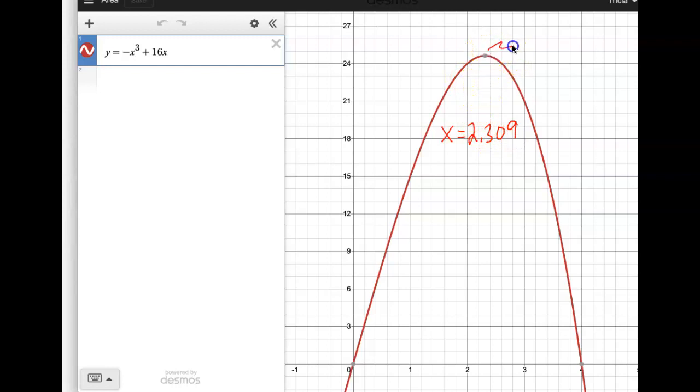And I did allude to the fact that this point is called the maximum. The maximum is the largest because all the other y values are less than or equal to that maximum value.